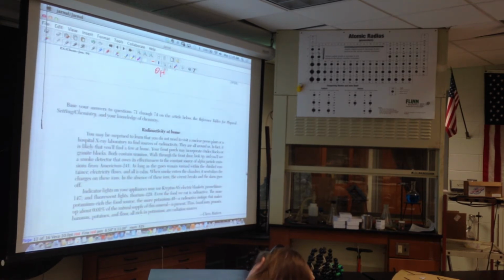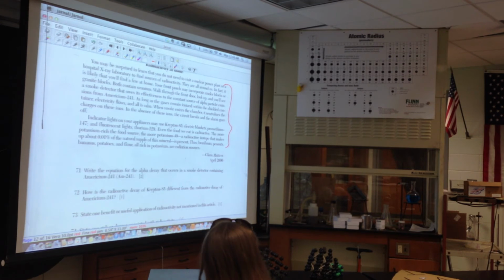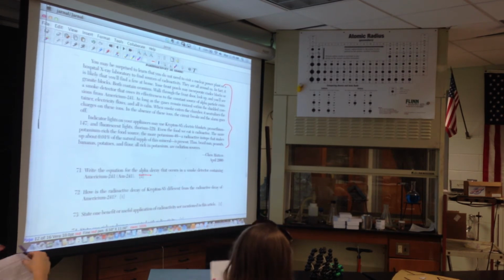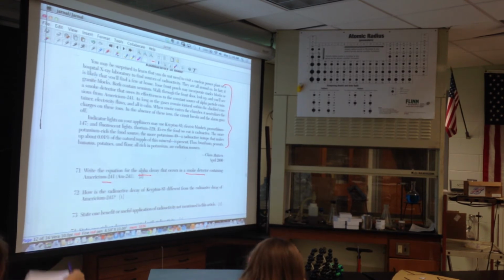Oh my gosh, this blurb has so much information. I suggest, and this is just me, go to the question. Write the equation for alpha decay that occurs in the smoke detector containing americium-241. They gave you 2 points for this. Americium's not listed, is it? So what do they say here?